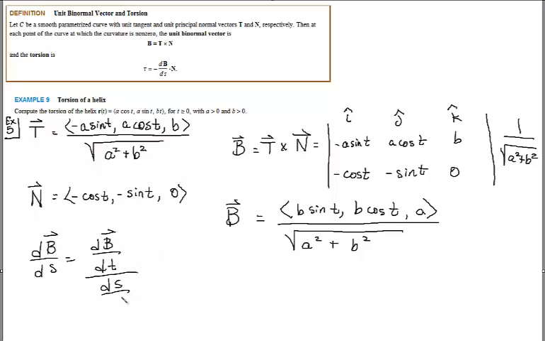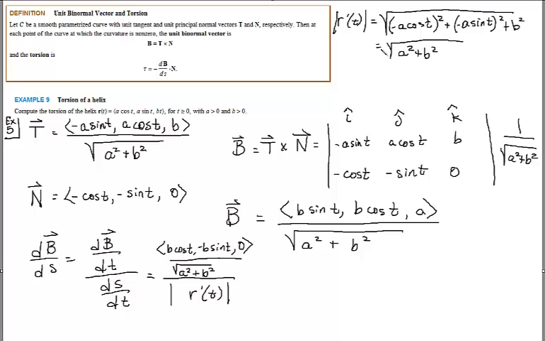Now, the derivative of the arc length with respect to t is just going to be the magnitude of the velocity vector. So I'm going to need to get the magnitude of this r prime of t, which I can get from right there, and I'll do that up here at the top. So I got the magnitude of that velocity vector.